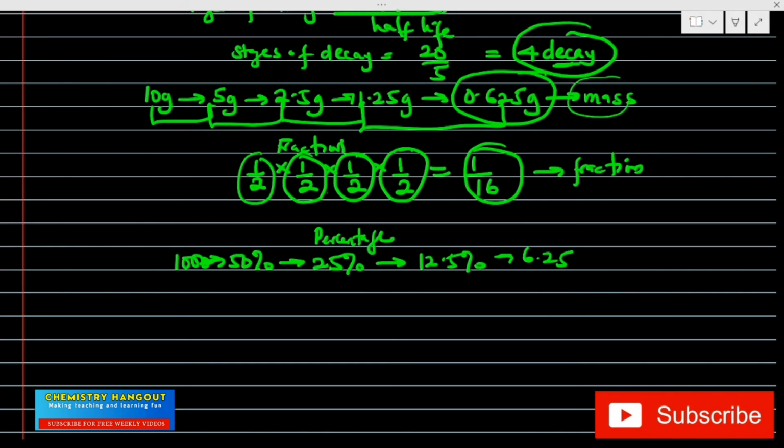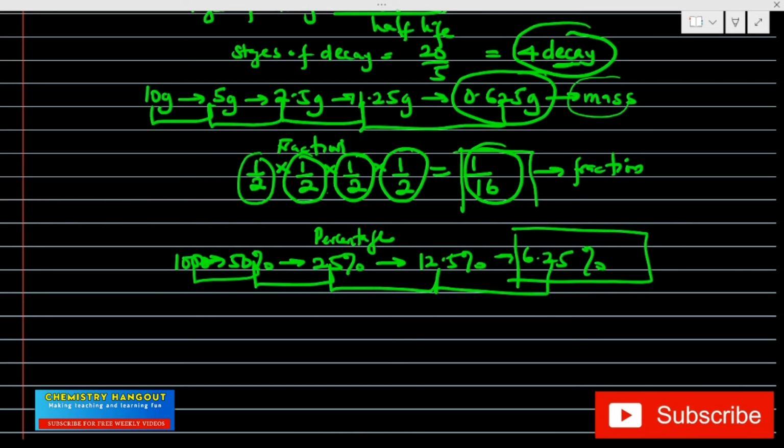So 4 decay, right? From here to here, 1, 2, 3, 4. So if they ask me the question in percentage, 6.25% is what remains. If they ask me in fraction, it will be 1 over 16 of the fraction that is remaining. If they ask me in mass, it will be 0.625 gram that is remaining. This is clear.